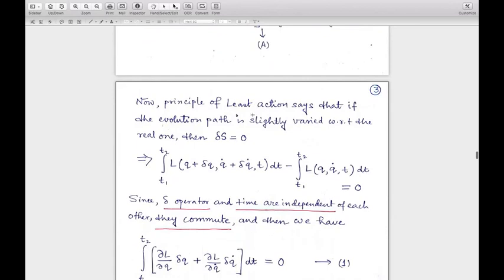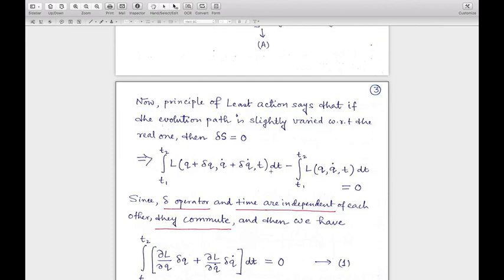Now, the principle of least action simply says that if the evolution path is slightly varied, virtually varied, with respect to the real one, then delta S is equal to 0. So you can say it is varied with t frozen. Then q will be q plus delta q, and q dot will be q dot plus delta q dot.